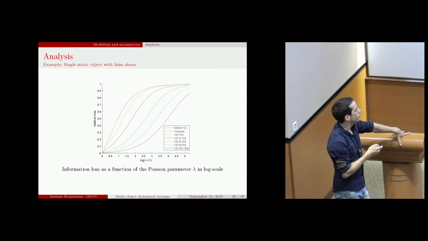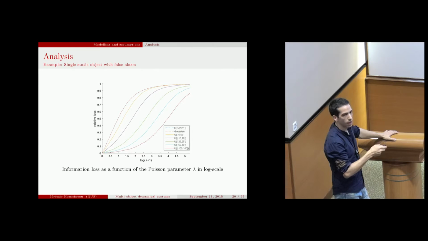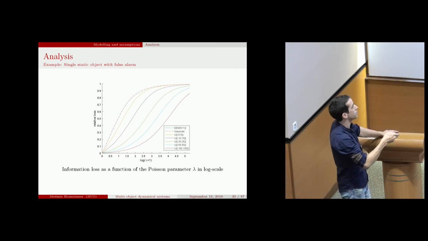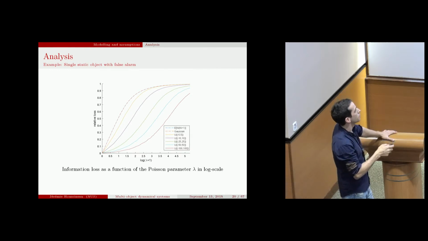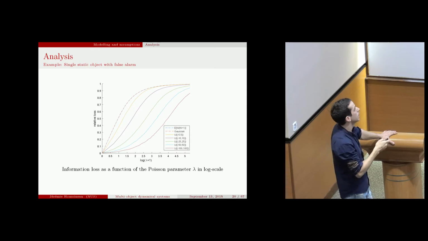If your false alarm is distributed on a very large interval, let's say your target is right in the middle at zero with variance 1, and it's uniform over a large interval, you have to put a lot of false alarms before starting to lose some information about your parameters. If you reduce this interval, then you lose more and more.